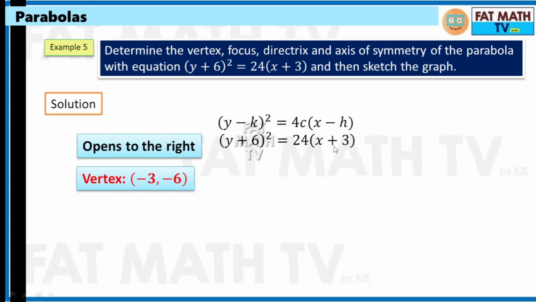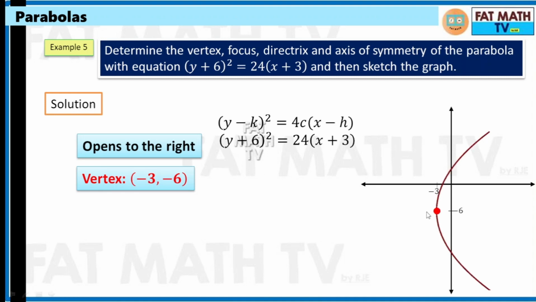Take note that you always have to write the h first. h is always with x, and k is always with y. So the vertex is (-3, -6) on the third quadrant and opens to the right.